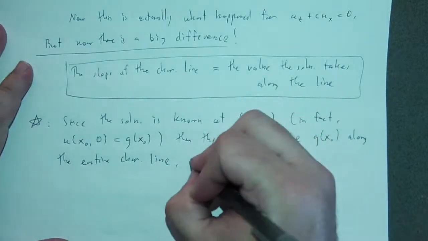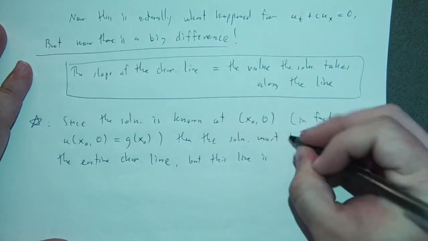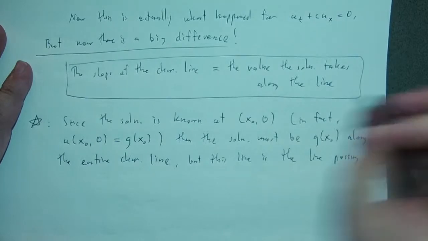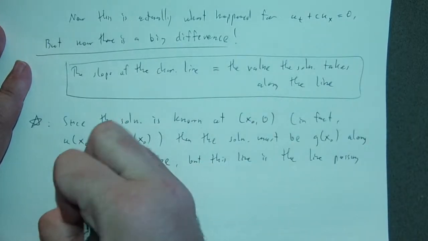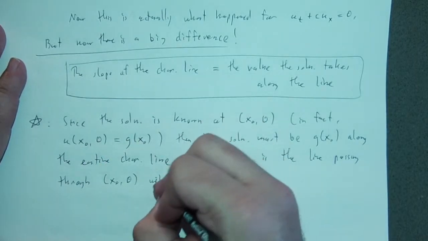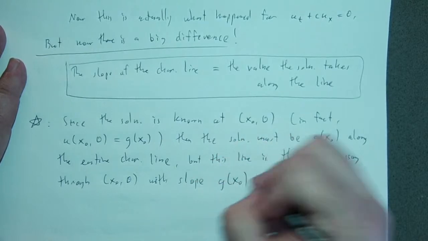But this line is the line passing through x naught, 0 with slope g of x naught.